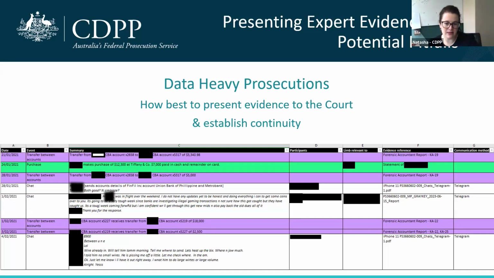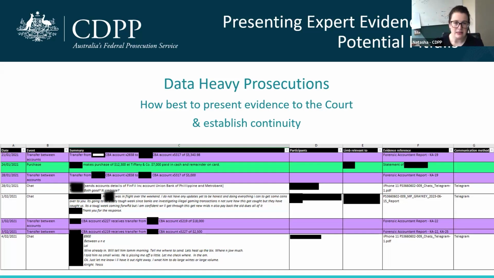For example, as you can see in this table, we often will present and condense it in a chronological table that gives an overall picture of what an accused did over a couple of days, and it combines information from a variety of different chats, as well as forensic accountant reports and other different reports.